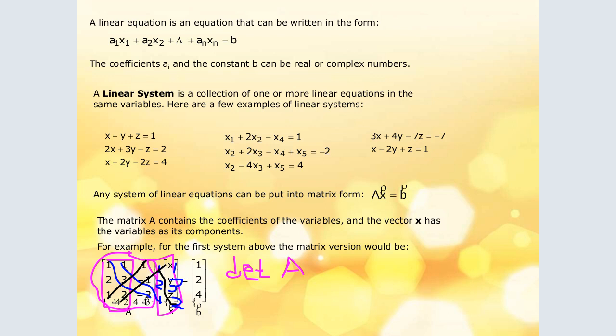After finding them, you take the downward diagonals, the principal diagonals, then you subtract the other diagonals. You subtract them to find the determinant.